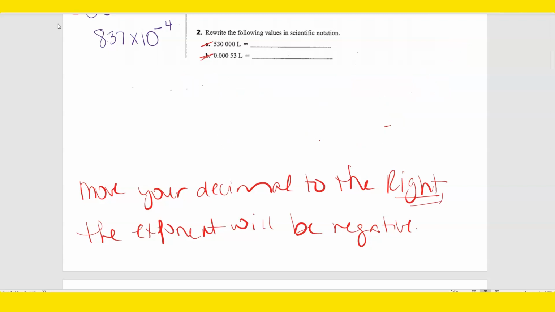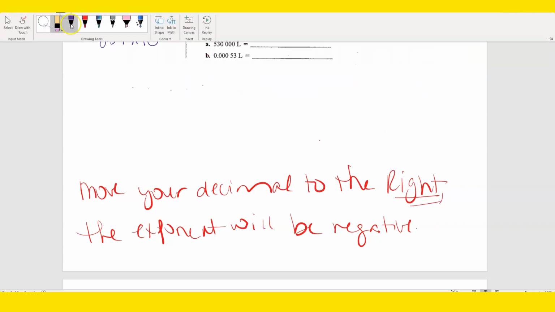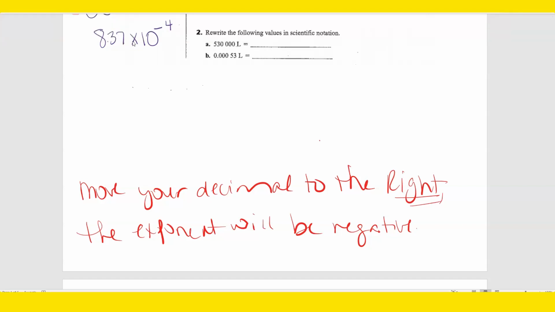We've got the decimal on the very end. Assume that it's on the very end. 1, 2, 3, 4, 5. So because it took us 5 steps to get there, my exponent is going to be to the 5th power, and it's going to be positive.